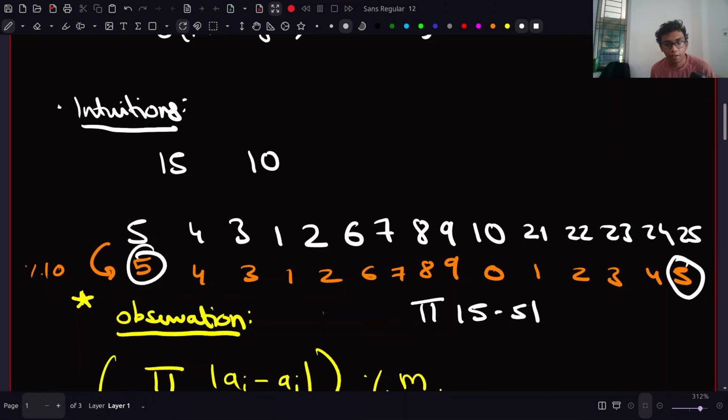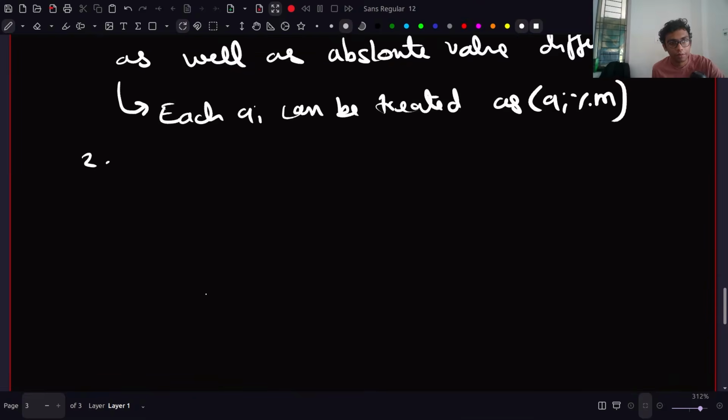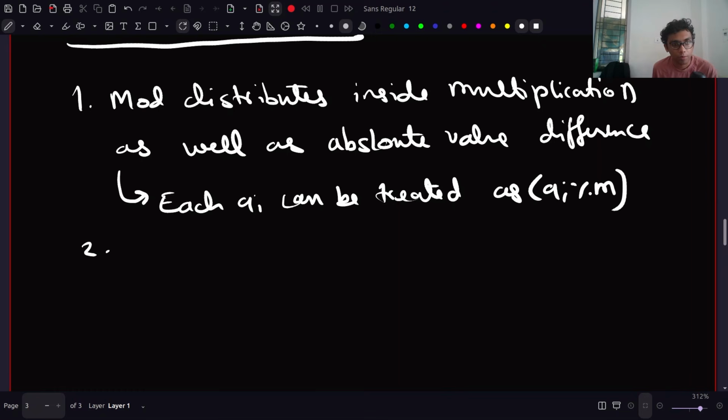Basically it will be something like 5 minus 4 times 5 minus 3 times so on, and we'll get 5 minus 5 and then times something else. And this value is 0. So basically, if two values are the same with respect to mod, our answer becomes 0. So we can write this down as well, and this will simplify the problem a lot.